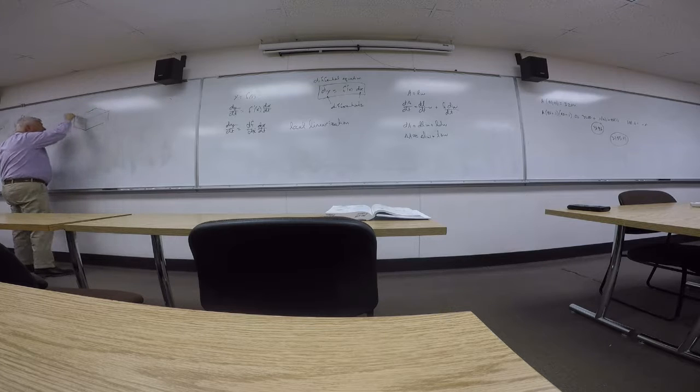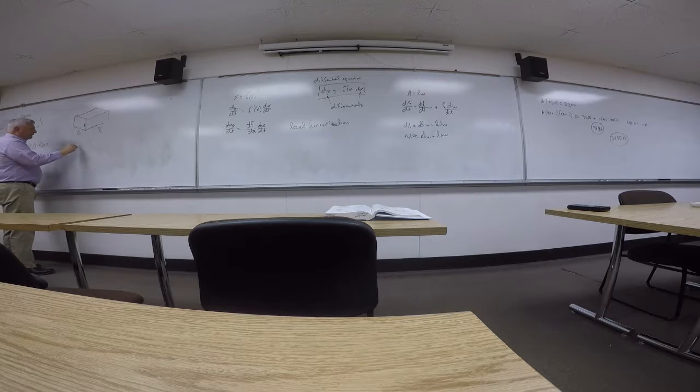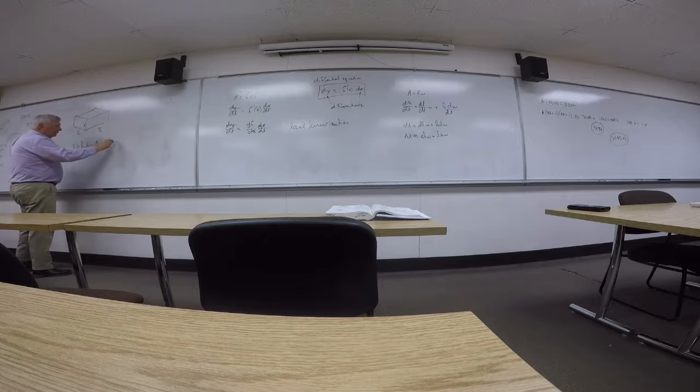Let's say this rectangular solid is 8 by 6 by 4. So the volume of this rectangular solid, length times width times height, is 8 times 6 times 4 with your appropriate cubic units. 48 times 4 is 192.